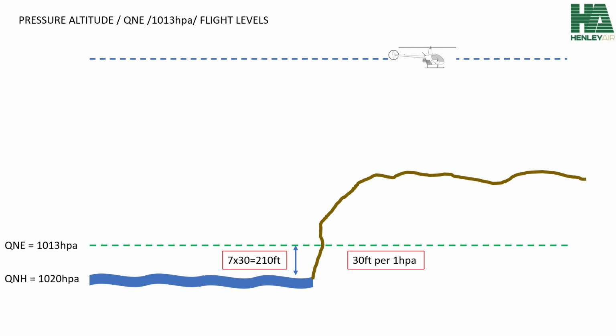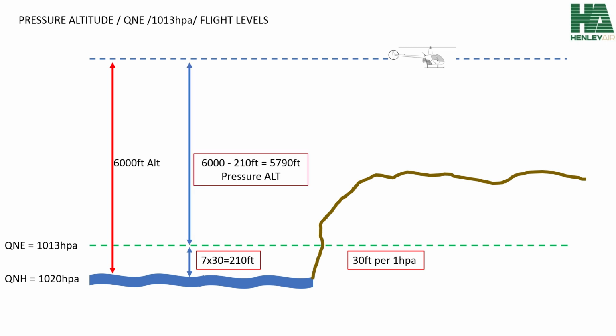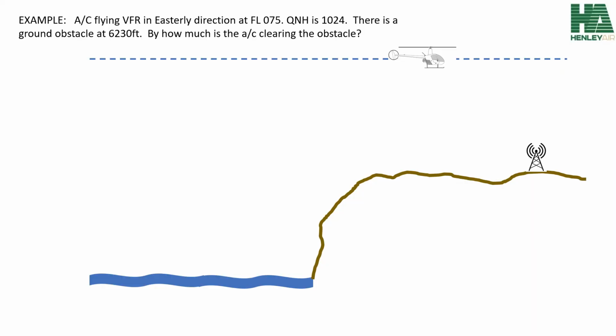Put in the 210 feet between the QNE and the QNH. Back to altitude, we've got 6,000 feet between the aircraft and the sea, but if we want to figure out our pressure altitude, pressure altitude is measured from 1013. You are flying at a pressure altitude of 5,790 feet.